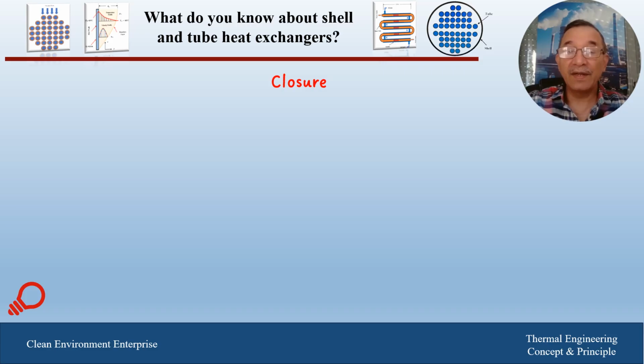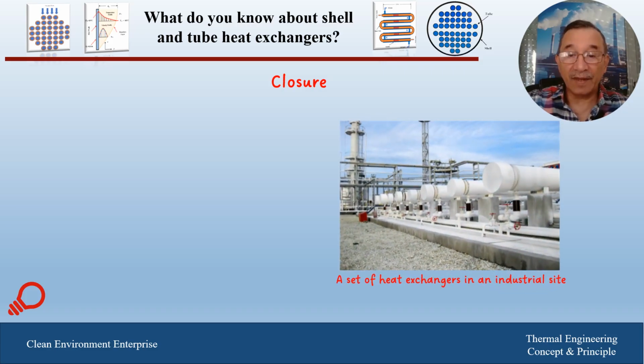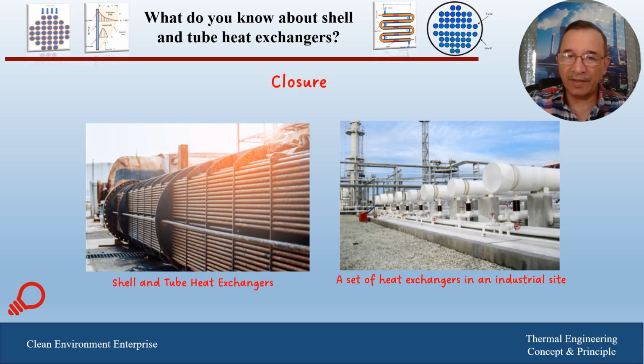The first one is about heat exchangers, and we focused, of course, on the shell and tube heat exchanger and where it can be used and its structure and the types of fluid flow in the shell and the tube side, and we have explained that. And the second point was about the problems that arise during the operation of these heat exchangers in industry.